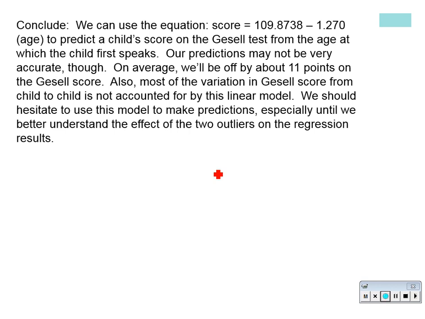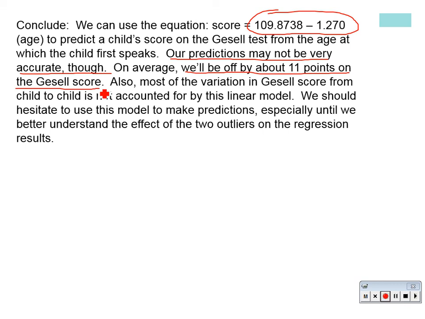So the conclusion here is we can use the equation score equals 109.8738 minus 1.27x to predict a child's score on the test from the age at which the child first speaks. Our predictions may not be very accurate, though. On average, we will be off by about 11 points on the score.